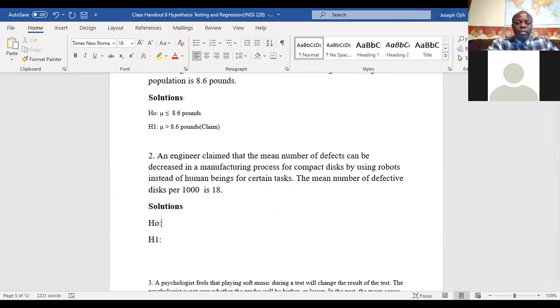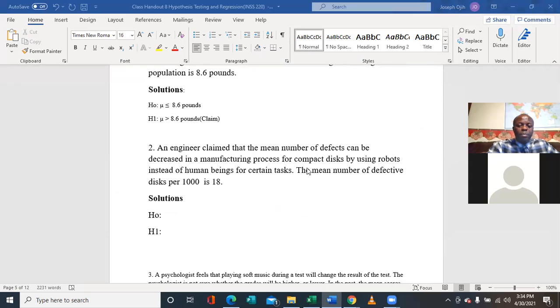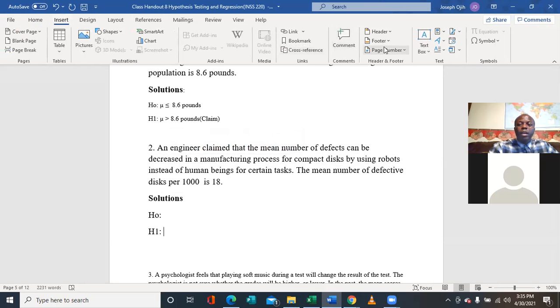Like I was saying before I went to send that message, the mean number of defectives per 1,000 is 18, but he's claimed that this defect can be decreased, which is the keyword, decreased, by using robots. So decrease will mean the mean will be less than 18, which is the claim he's making.